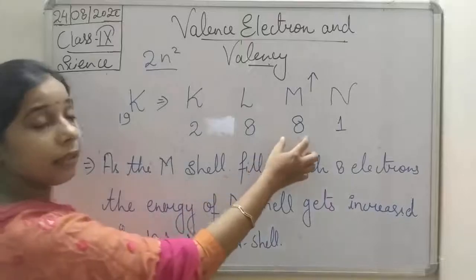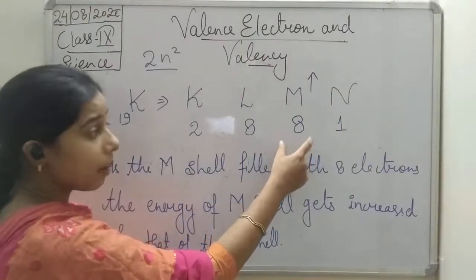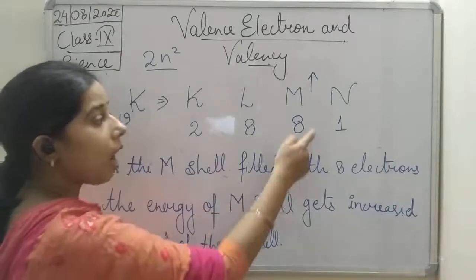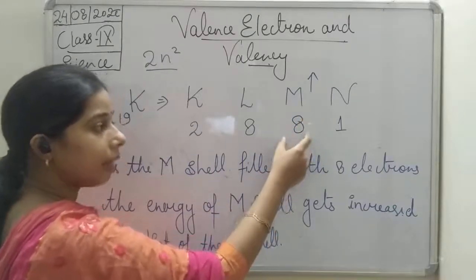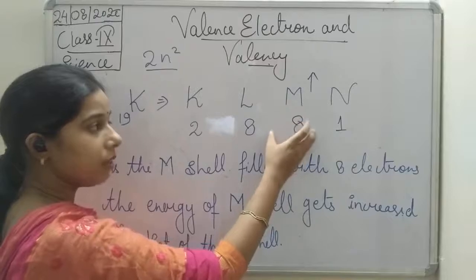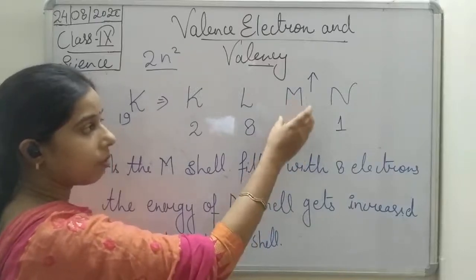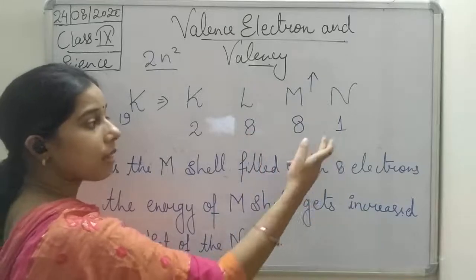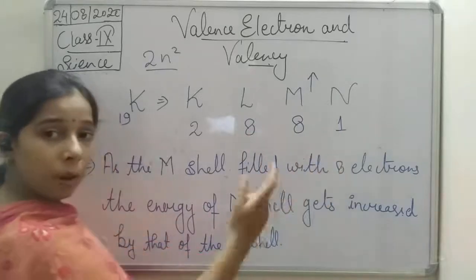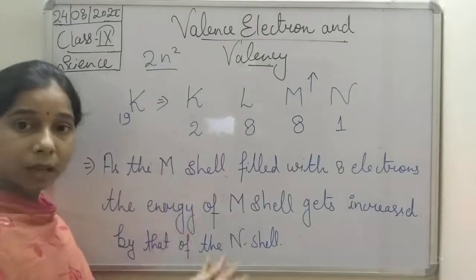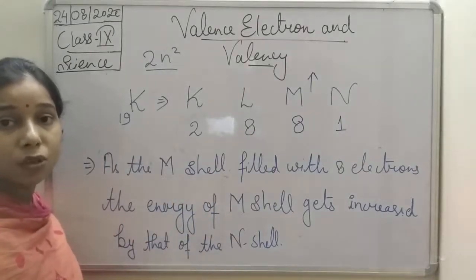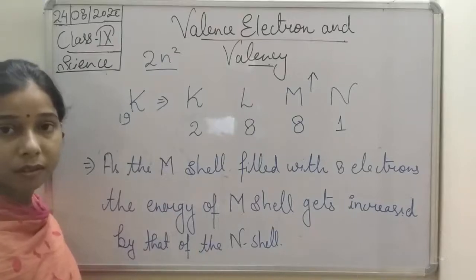But what happened in the M shell, students? M shell can accommodate 18 electrons. And after the 8 electrons enter into the M orbital, the next electron starts entering into the N shell. Why is this so? It should continue in the M shell only because it has the capacity to accommodate 18 electrons.